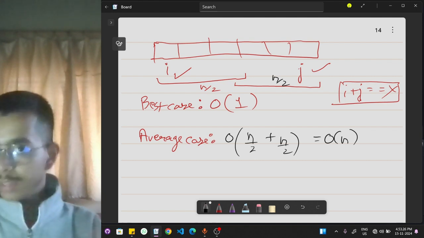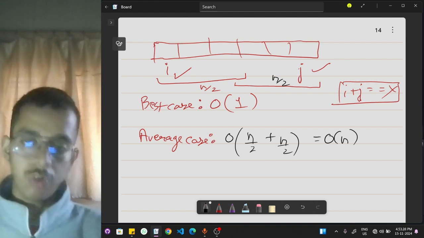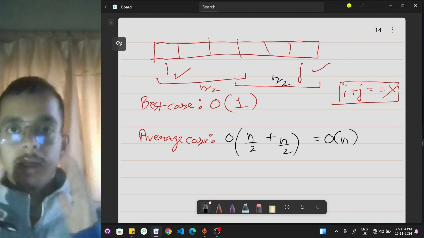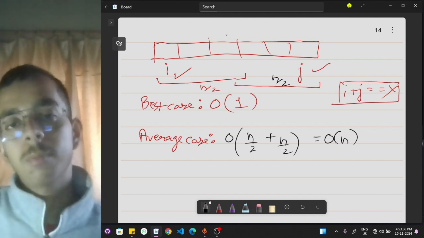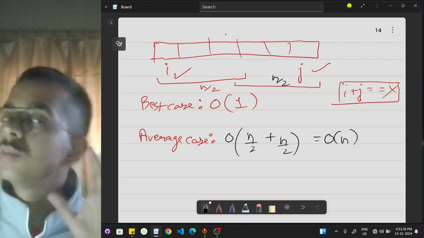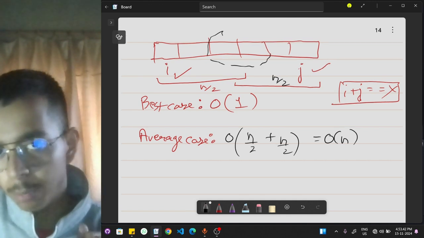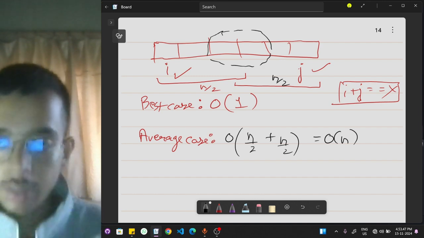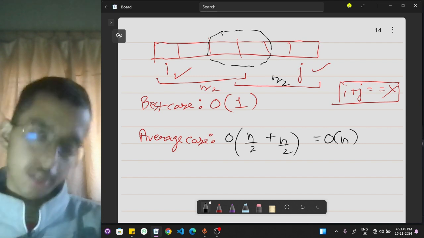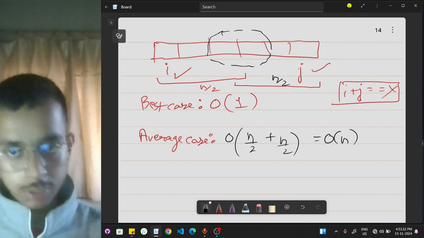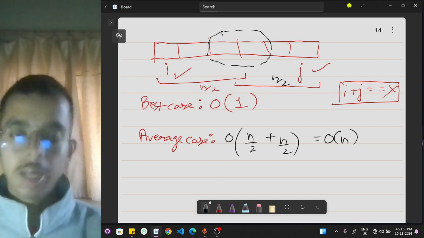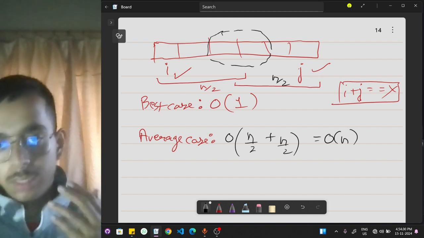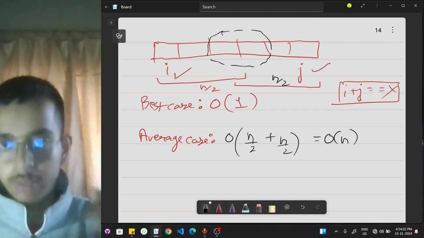We are considering for the average case that the numbers we were finding were about in the middle, and that's why it is obvious that I is going to travel around n by 2 steps and J is going to take around n by 2 steps. It can be n by 3, it can be n by 4, it doesn't matter, because constant values don't matter.